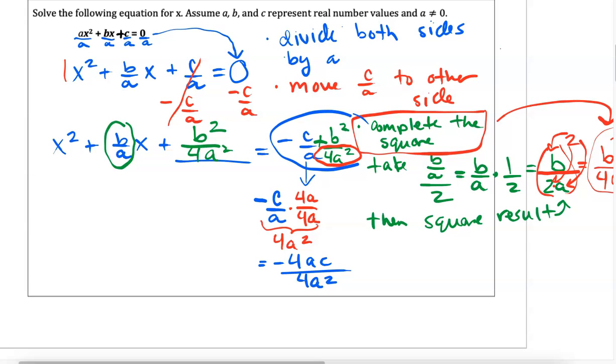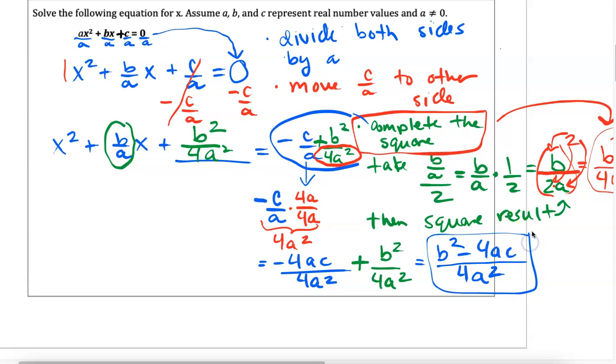And now I can go ahead and add that to the b squared over 4a squared, which is the thing that I'm adding to both sides. And then when I do, I end up getting b squared minus 4ac all over 4a squared. So this is what I have on the right-hand side.